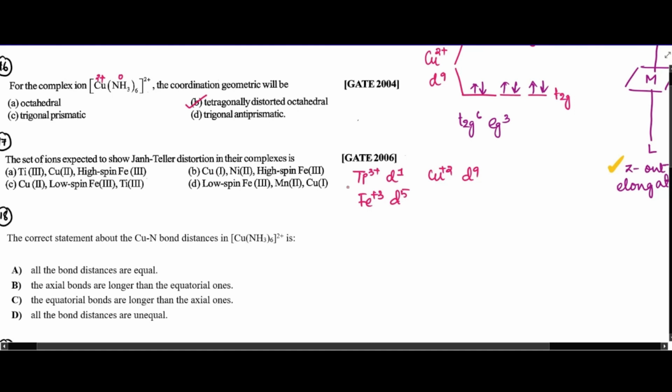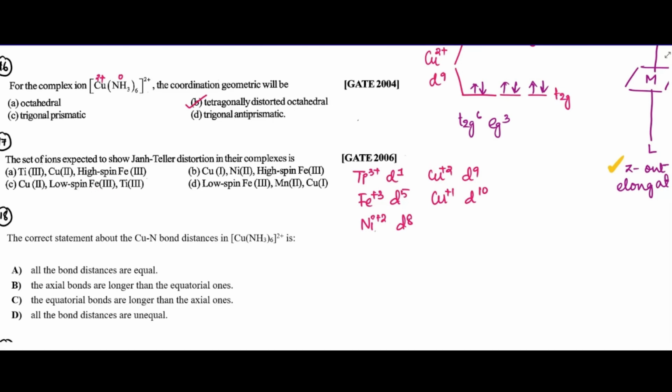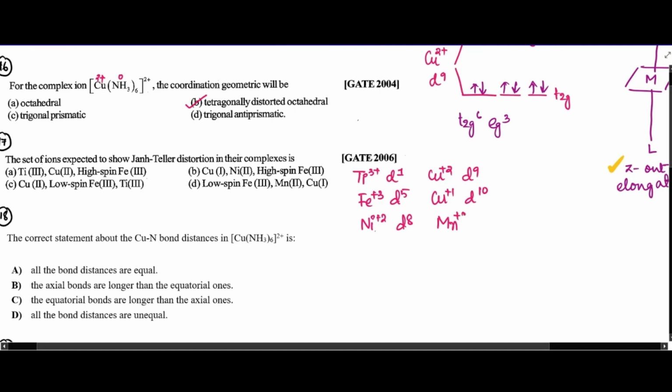Then copper 1 is given, that is a d10 system. Nickel +2 is given, that is a d8 system. Fe3+ high spin and low spin are given. Manganese +2 is given, a d5 system. From this, you tell me which was the correct set.